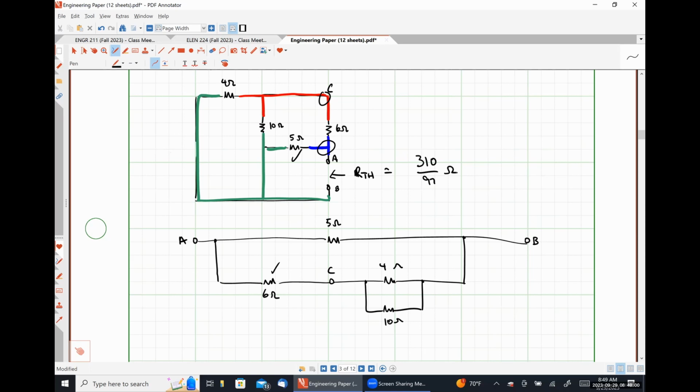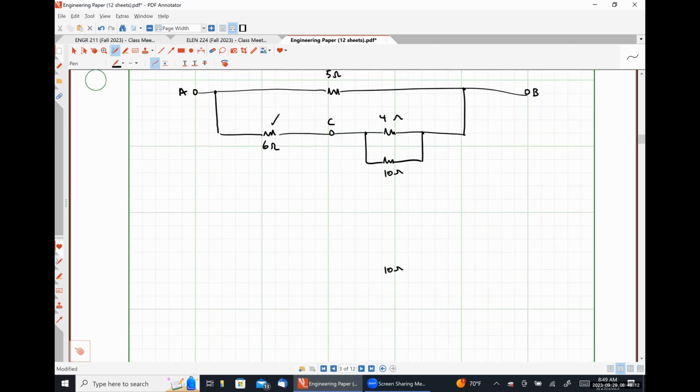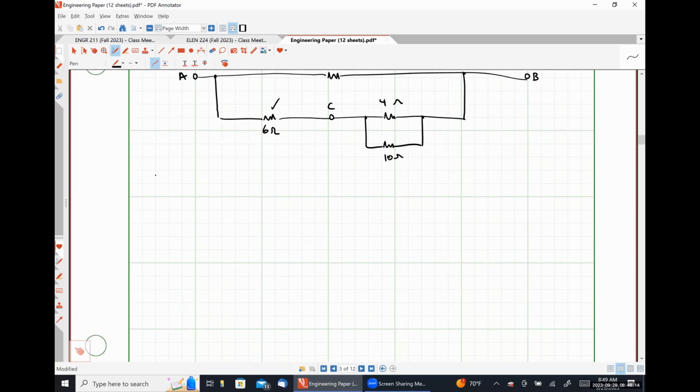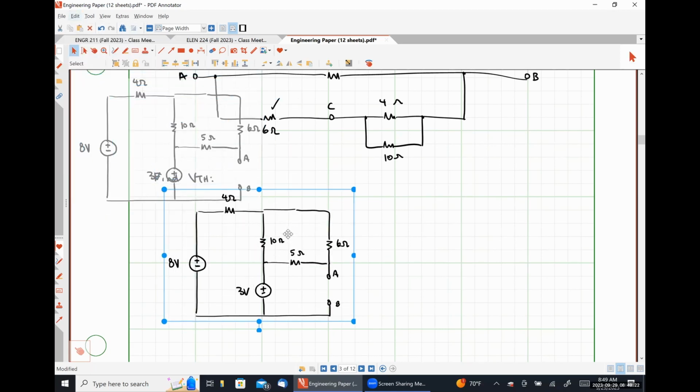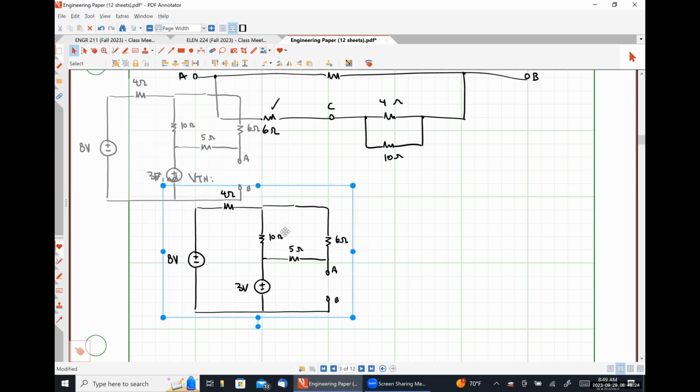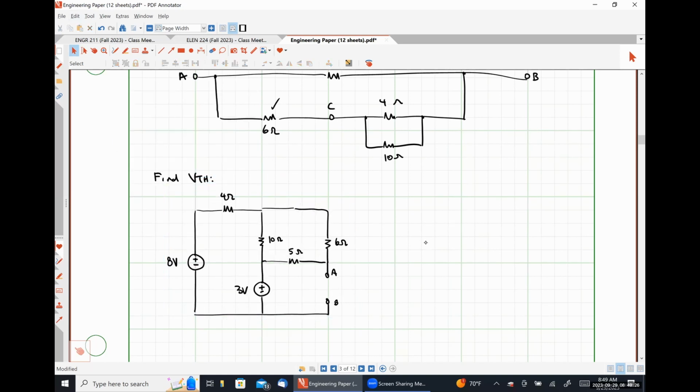Now let's find either our Thevenin equivalent voltage or our Norton equivalent current. Brandon, tell me which of those two we're going to do. Voltage, all right. So to find my Thevenin equivalent voltage, what am I looking for?